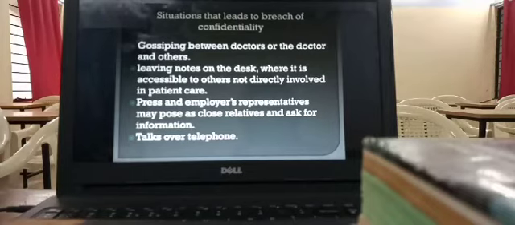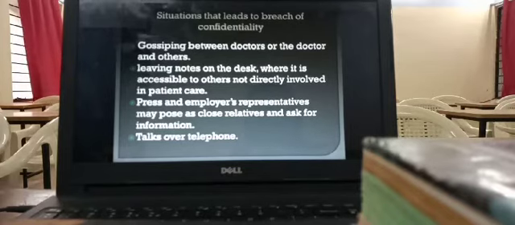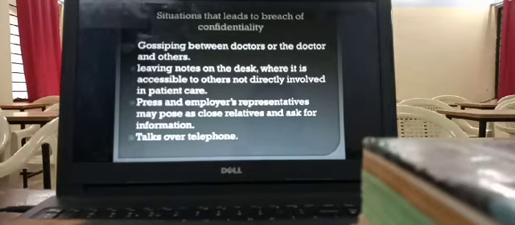So there are a few situations that lead to breach of confidentiality in the medical profession. What are the situations that create a breach of confidentiality?